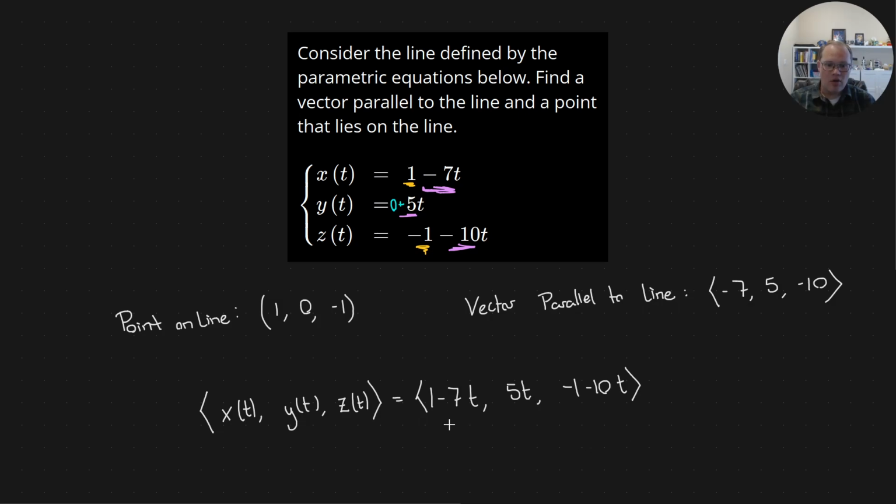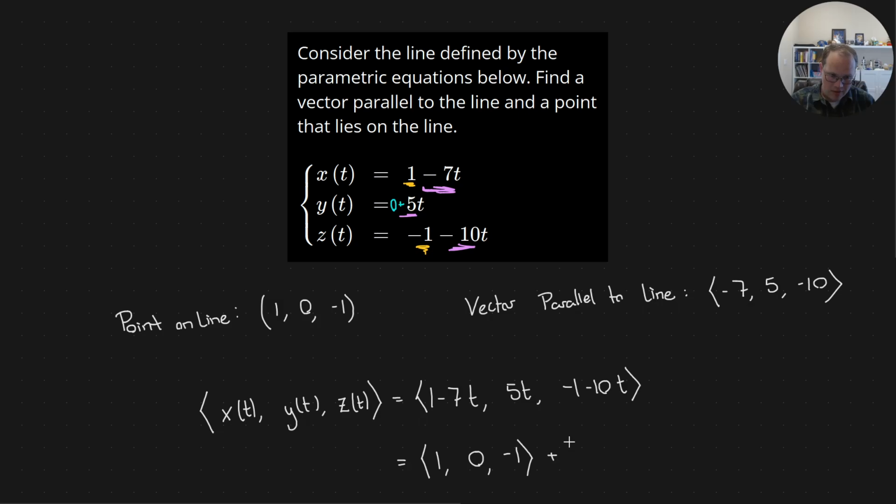And now on the right-hand side of this equation, I'm going to separate this into two vectors, one with the terms with t in it and one with the terms without t in it. So without t, I have a 1 in the first component. I don't have anything without a t in the second component. And I have a -1 in the third component.